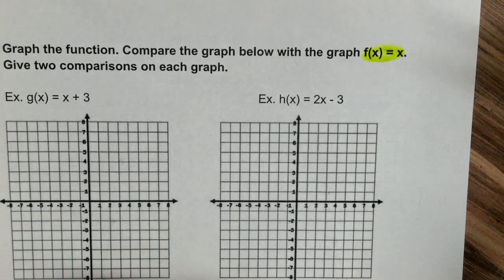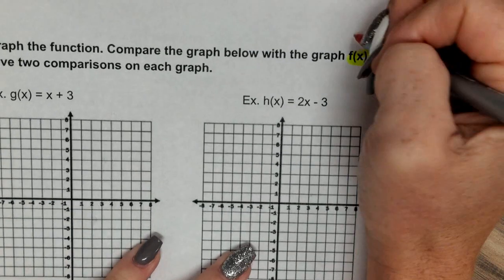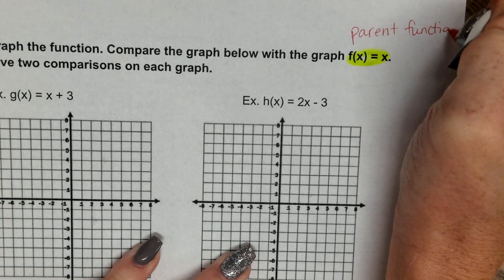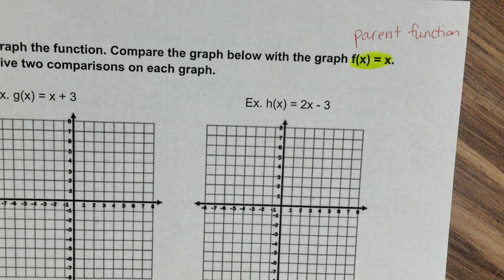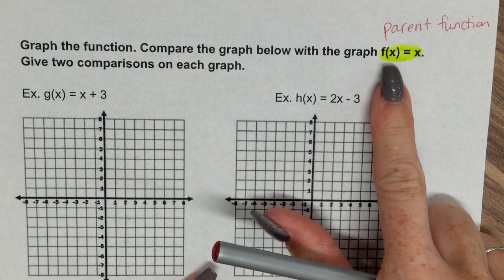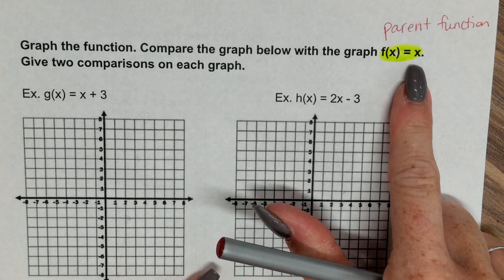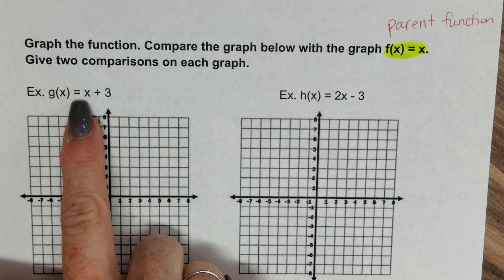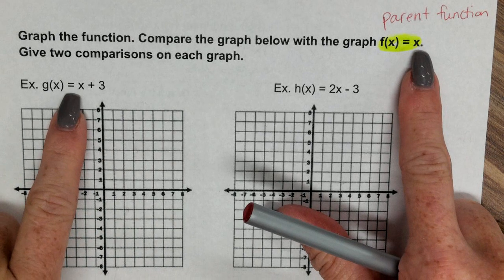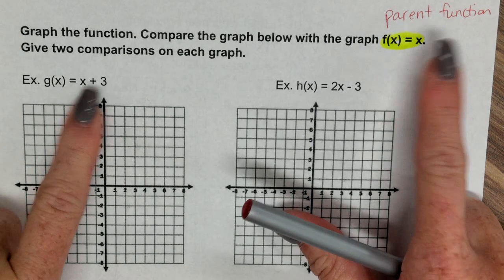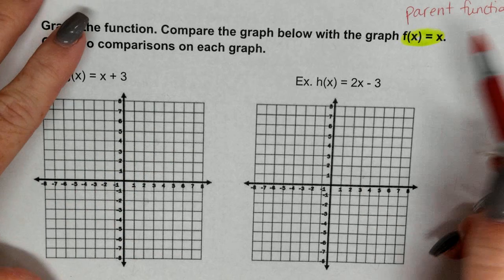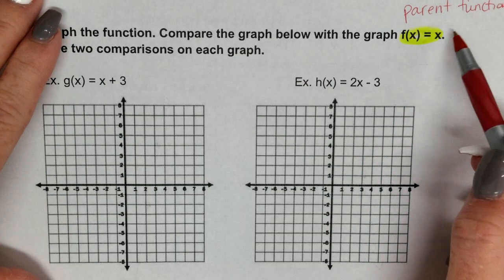We're going to get more into that later, but just so y'all know, this is called a parent function. So the parent function is basically y equals x, and we're going to compare it to y equals x plus 3. So basically, do y'all see how they're the same slope? All they did was add the y-intercept over here. So they're wanting to know, what happens when you put a plus 3 on this?